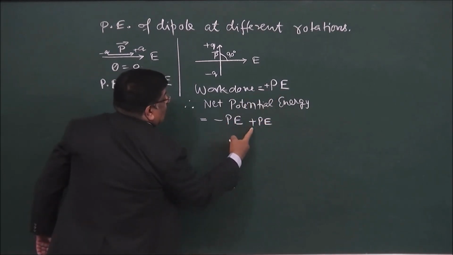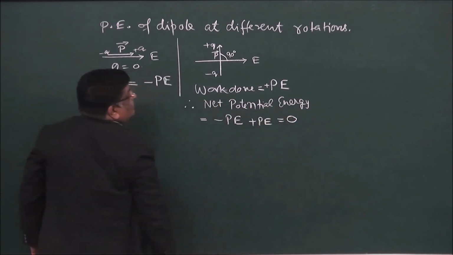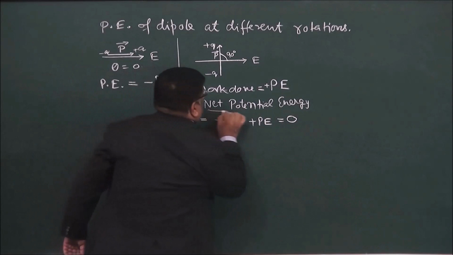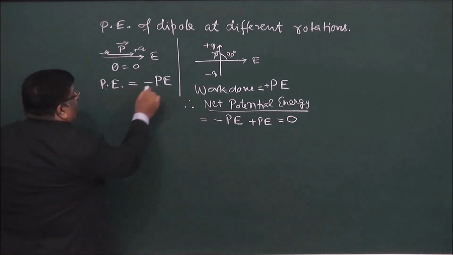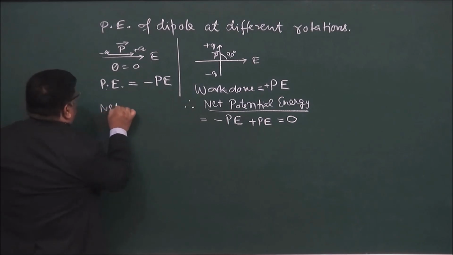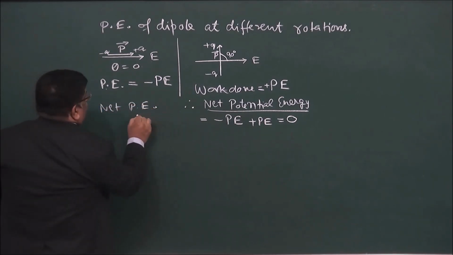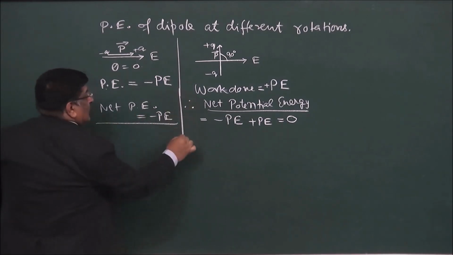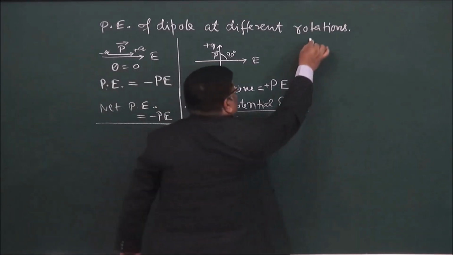This is potential energy plus work done. This becomes 0. Here net potential energy is 0.